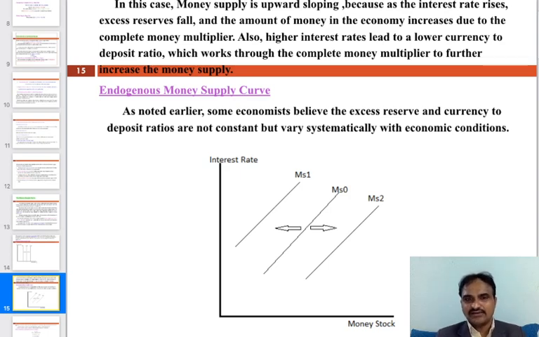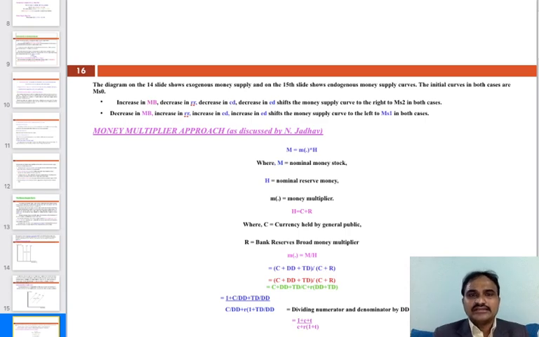So due to a change in the required reserve ratio, the MB will influence the supply of money curve. The two diagrams: slide 14 shows the exogenous money supply, and slide 15 shows the endogenous money supply curve. The initial curve in both cases is MS0. An increase in MB, decrease in RR, decrease in CD and decrease in ED shift the money supply curve to the right, to MS1, in both cases.